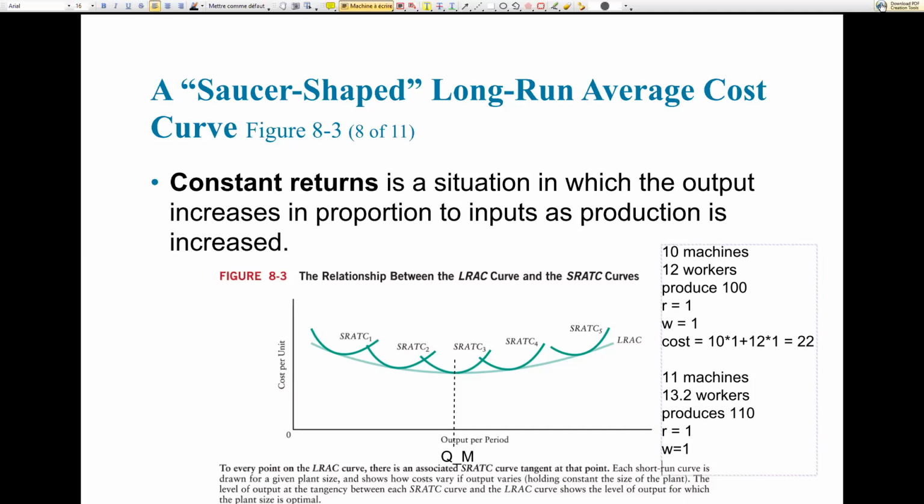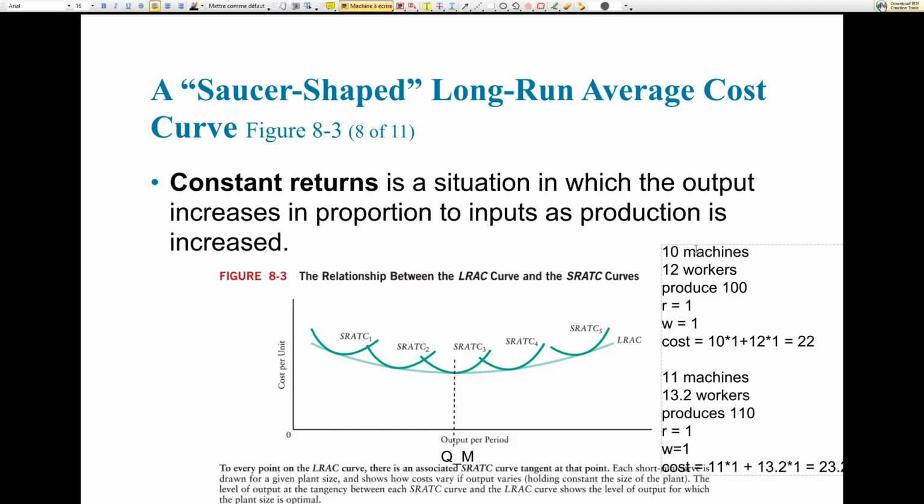And the cost would be 11 times 1 plus 13.2 times 1 equals, so that's 23.2.